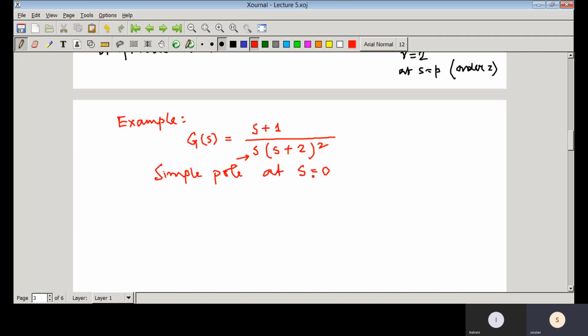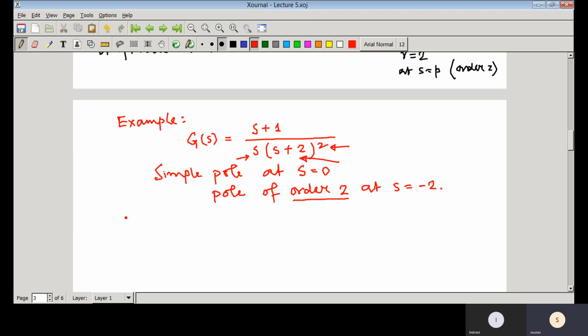So you have a simple pole at s equal to 0 and a pole of order 2 at s equal to -2. If you put s equal to -2, G(s) would be infinite, and as the order is 2, that's why the order is 2.